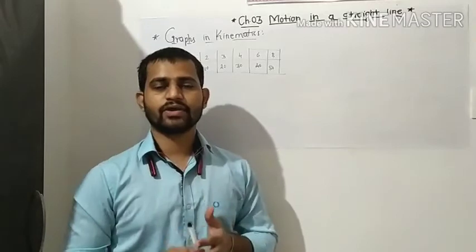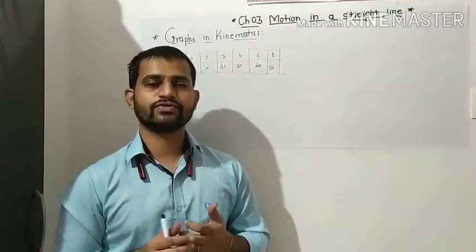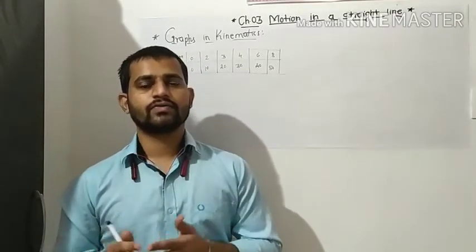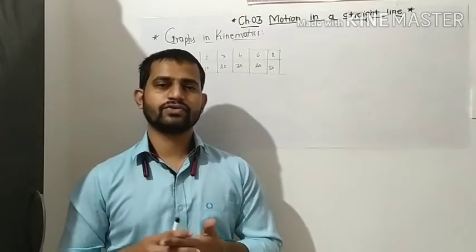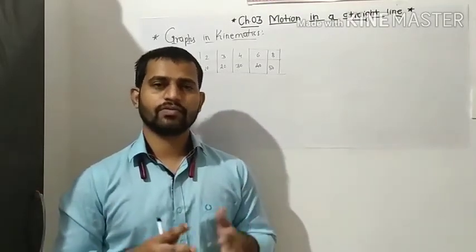As per our convenience, we can go for the scale: either 1 centimeter of the graph is equal to 10 seconds, or 1 centimeter is equal to 20 seconds, as per our range of values from the higher to the lower.